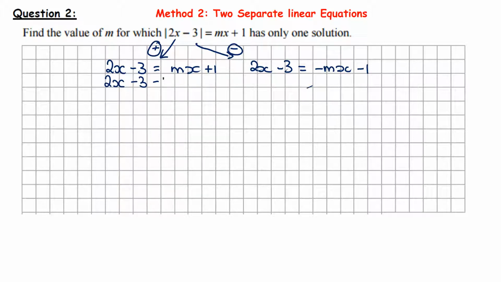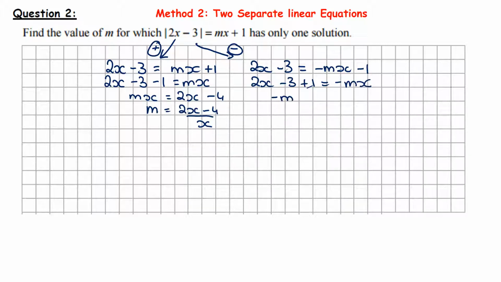So we have minus 3 minus 1 is equal to mx. So mx is equal to 2x minus 4. So m is equal to 2x minus 4 all over x. The other scenario here we have 2x minus 3 plus 1 is equal to minus mx.